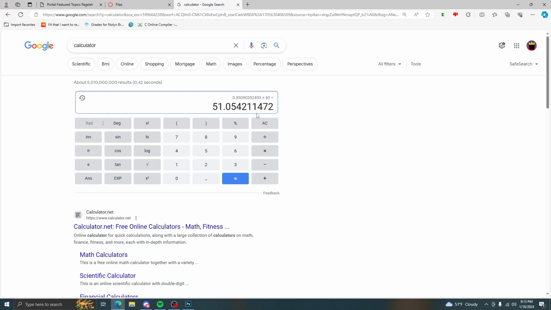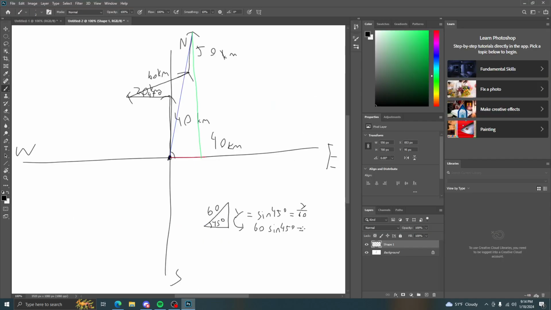It's in radians, my bad. Times 60, that's not going to be 30. So it's 42.426. I just assumed it would be 30 for both. I was wrong.